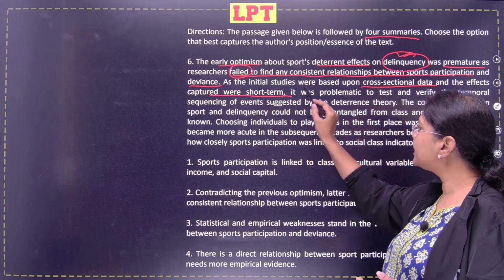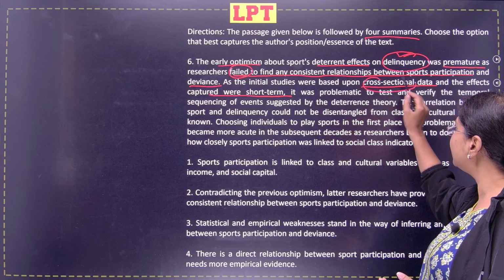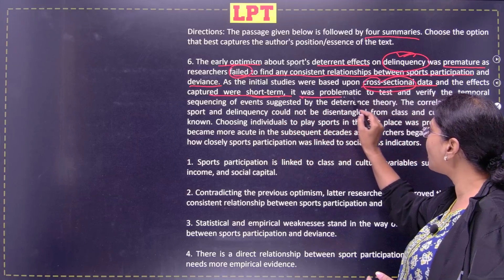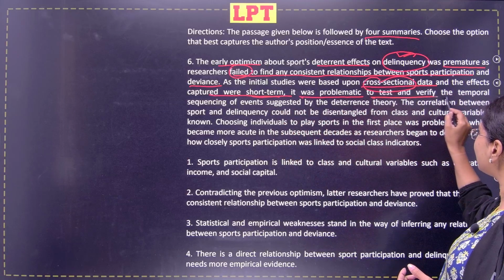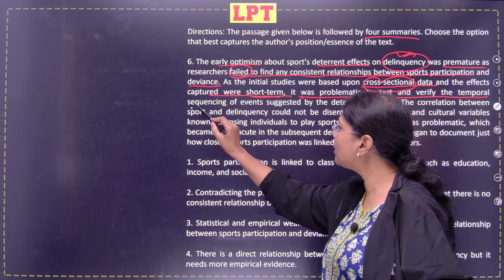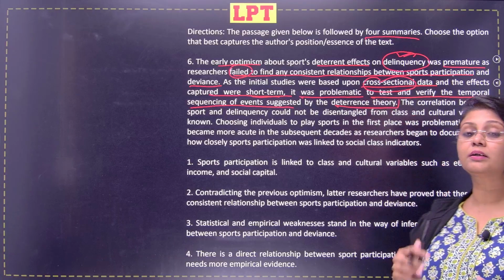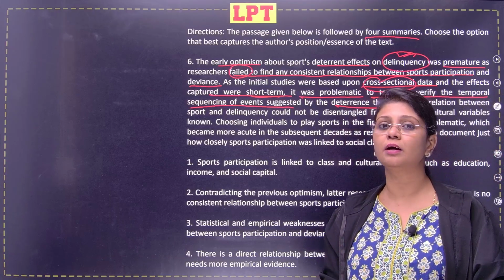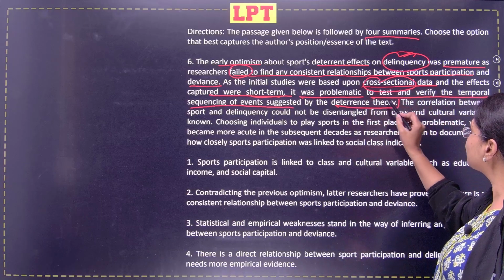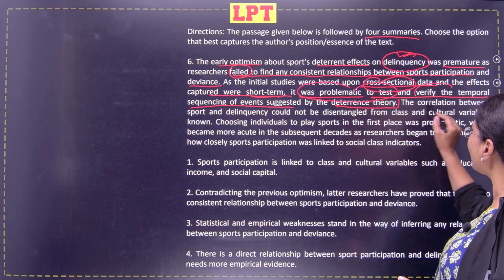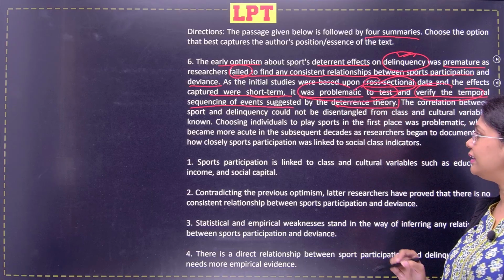As the initial studies were based upon cross-sectional data and the effects captured were short-term, it was problematic to test and verify the temporal sequencing of events suggested by deterrence theory. So you could not come to a final conclusion about that. It was problematic to test and to verify the temporal sequencing of events.